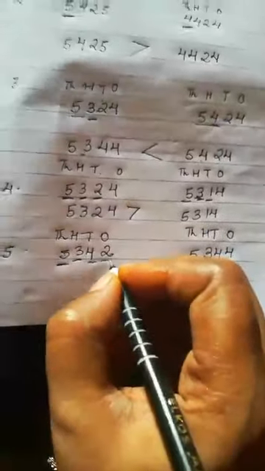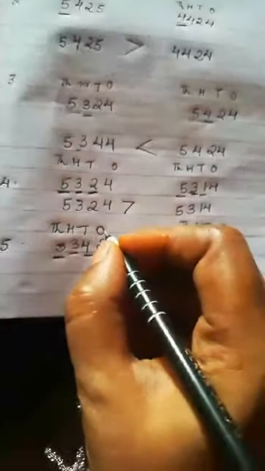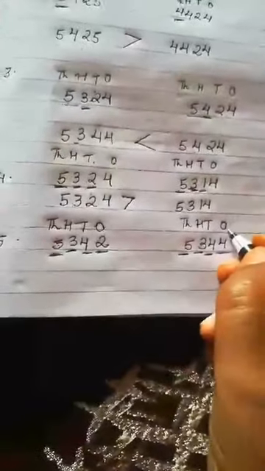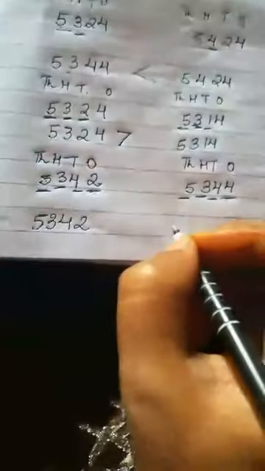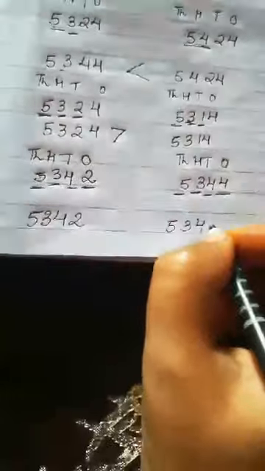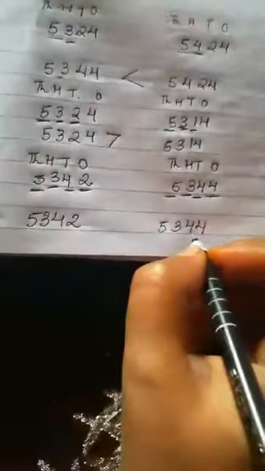Now 2 and here 4. 2 is at the ones place here and 4 is at the ones place here. So which is greater? 4. So in these two numbers, which number is greater? This number, because here 4 is at the ones place. So 3425 and 3444. We will put the greater than symbol in front of this number.